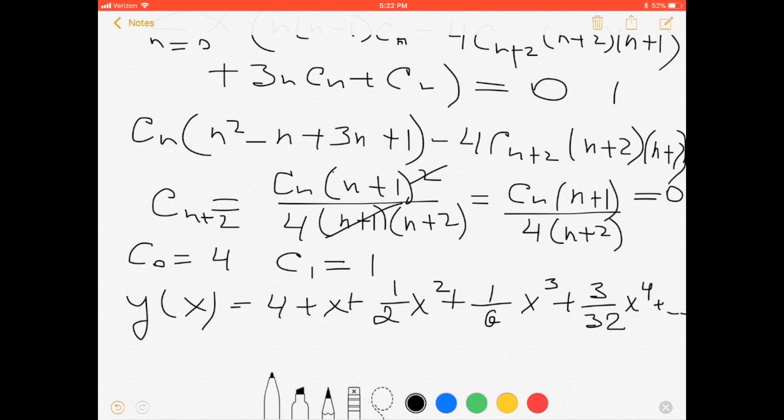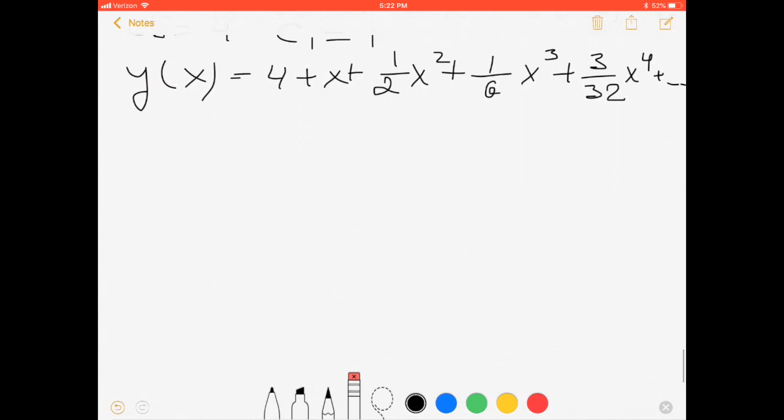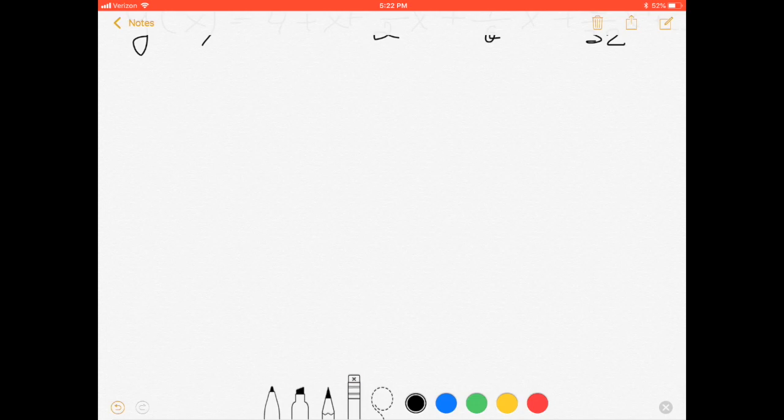Okay. Doing an example from your homework, something similar. This is number 8 from your book. What do we have here?